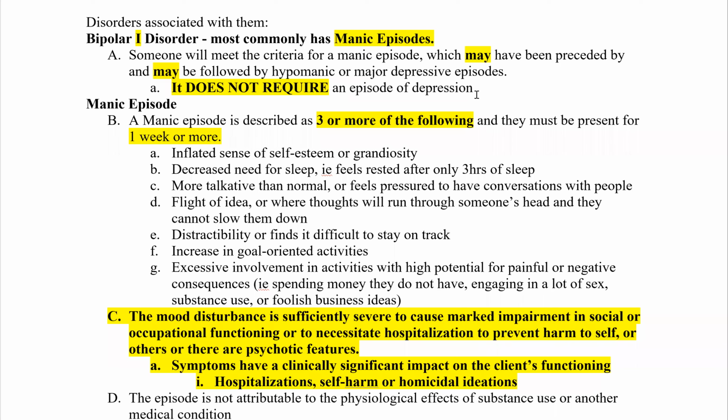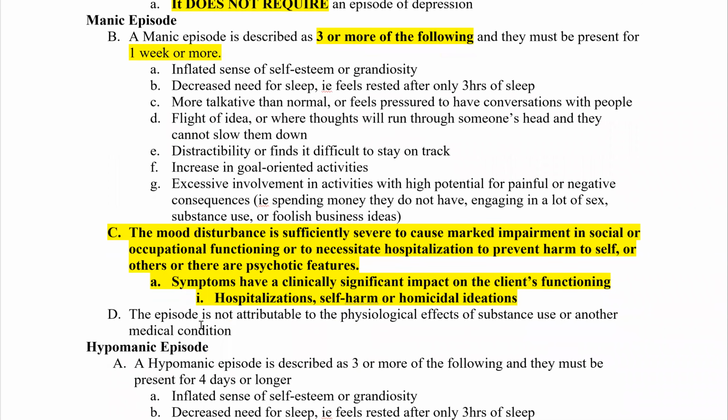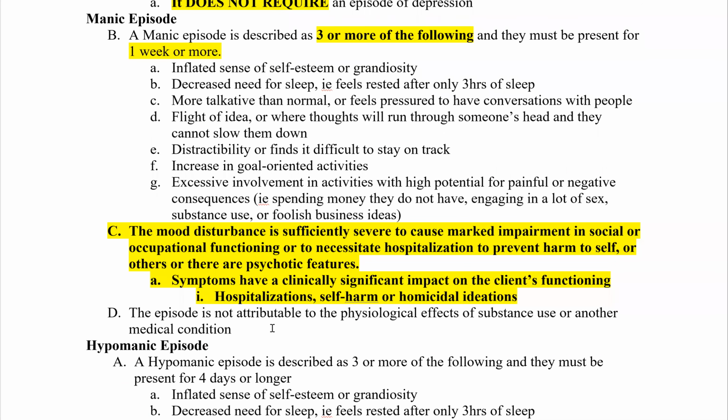So the two main differences: it does not require an episode of depression, but it does require a clinically significant impact on the person's functioning, and the episode is not attributable to the physiological effects of substance use or another medical condition.